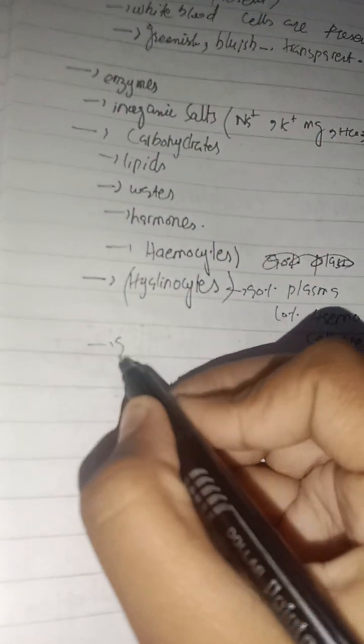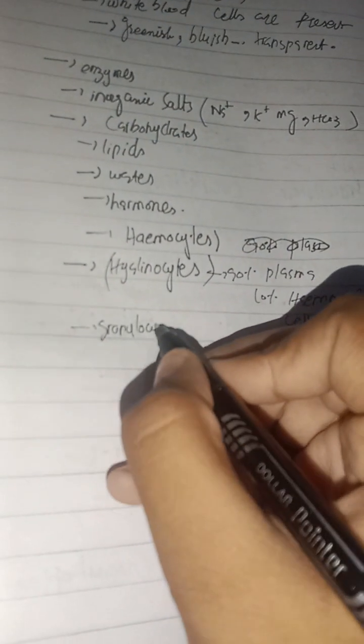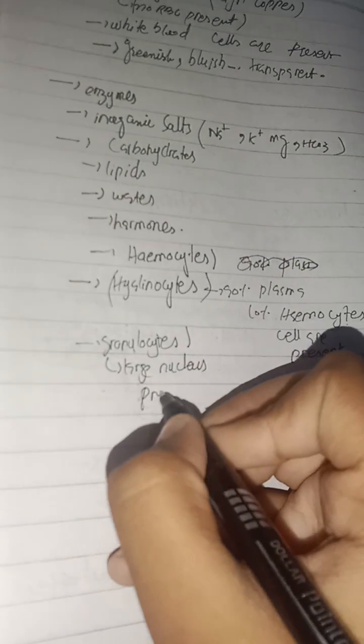In hyalinocytes, 90% plasma is present and 10% hemocyte cells. Granulocyte means a large nucleus is present. This is in arthropoda, molluscs, and grasshoppers.